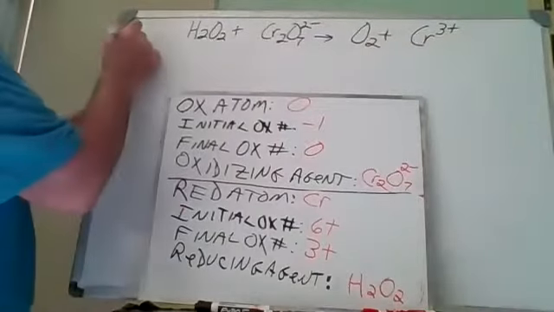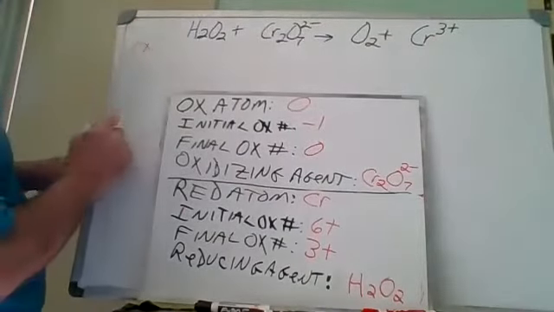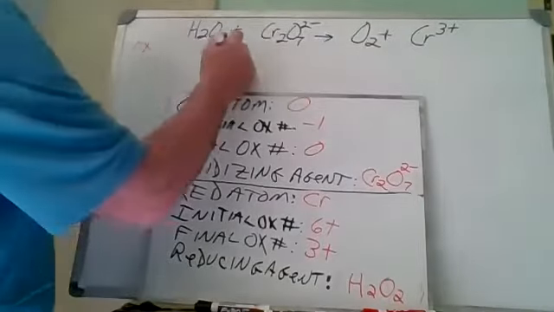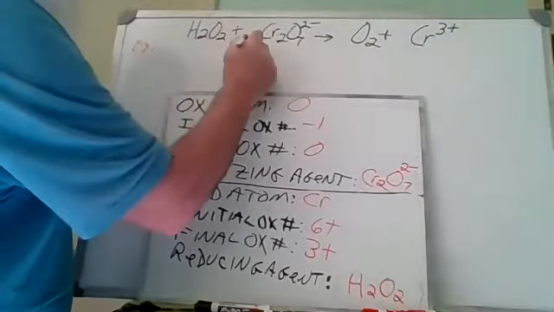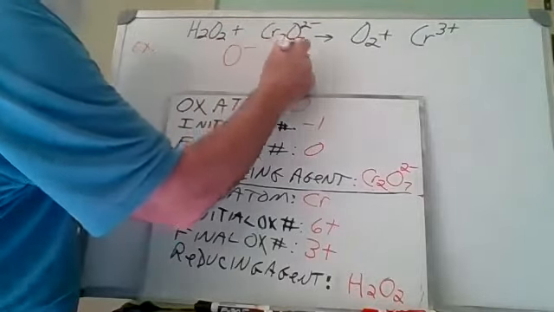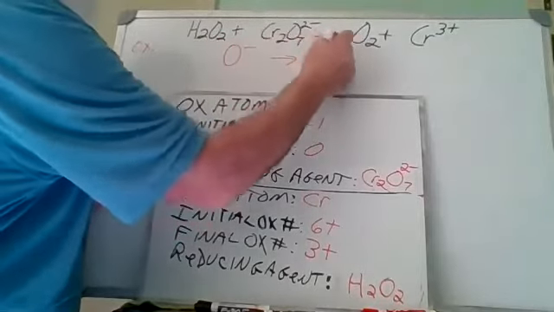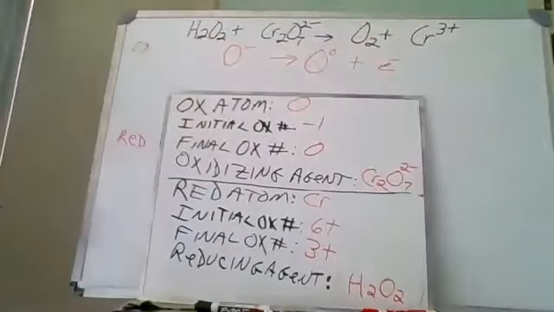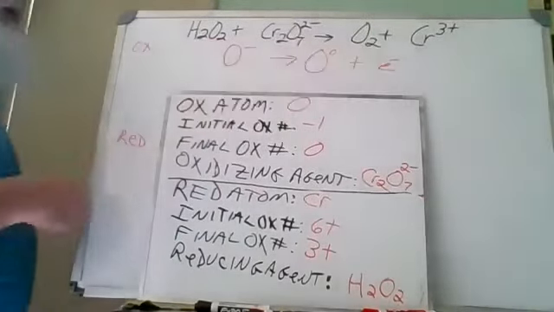Okay, so here we're going to write oxidation and reduction. Here it's the oxidized atom oxygen, starting out at -1, going to O0 plus 1 electron. There's a difference of 1 electron there. Again, the charges have to balance on both sides.